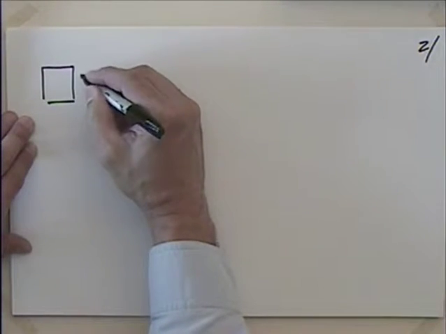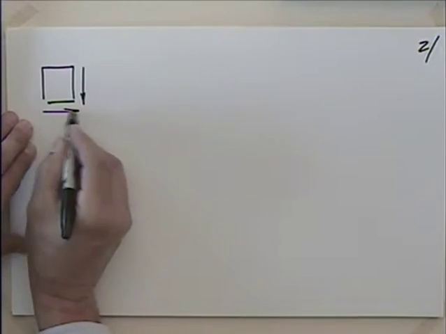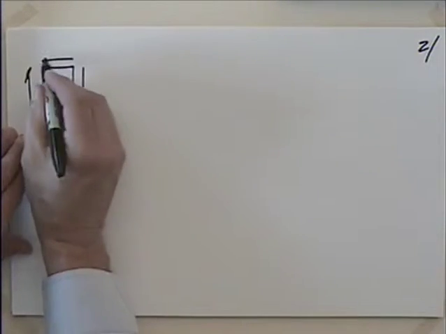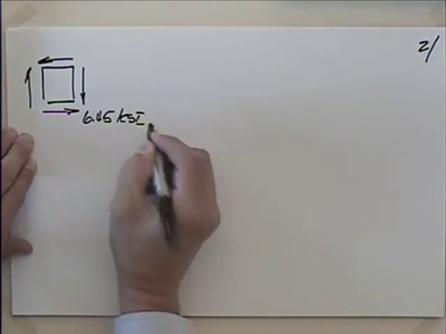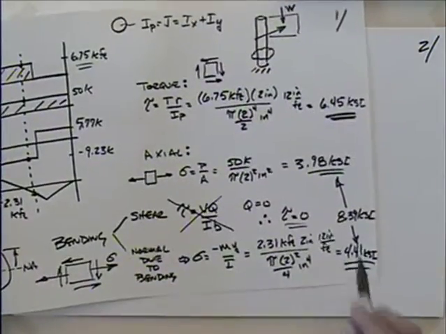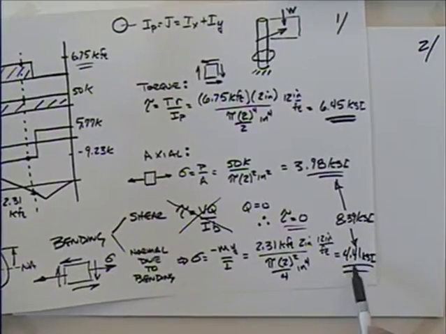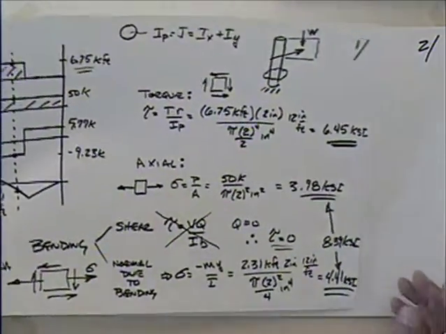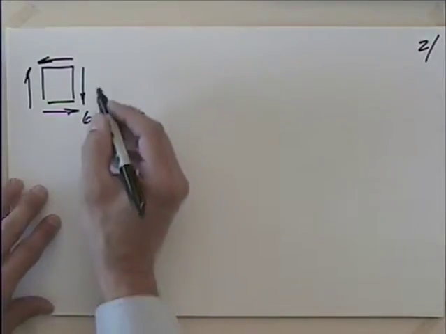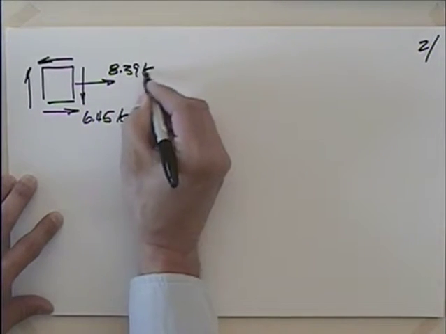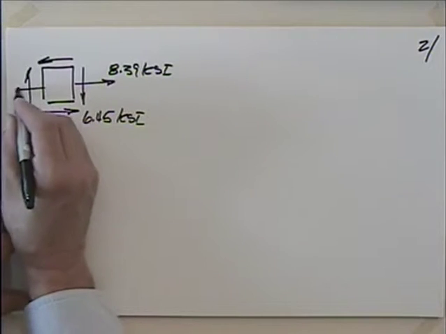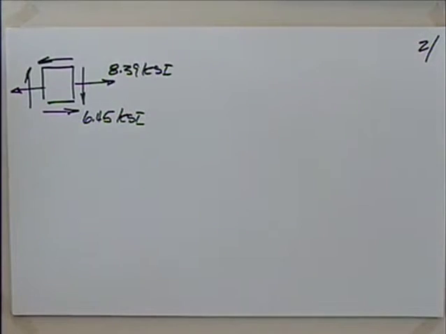And we've got the shear stress, 6.45 ksi. And then my normal stress, I'm going to take 3.98 and add it to 4.41, so I get 8.39. So I've got that here at 8.39 ksi. Are there concerns?